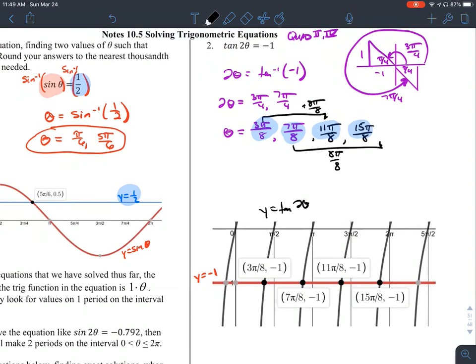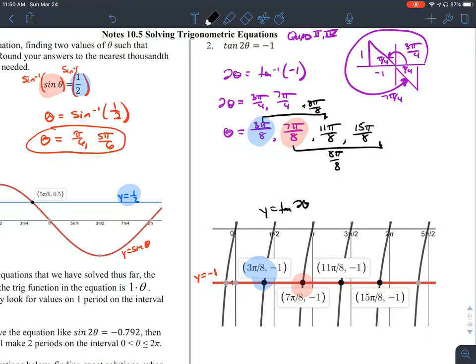So we found from our work, let me highlight some of this. We got this answer is represented right here, and this answer is represented right here.